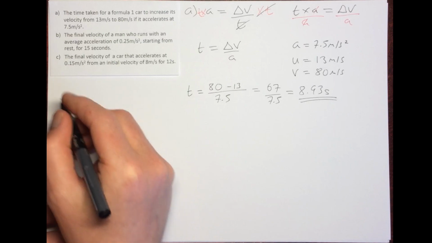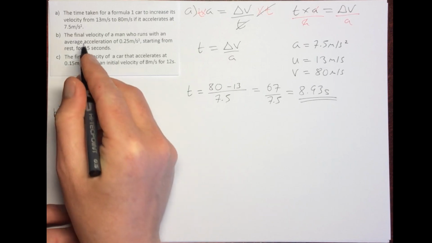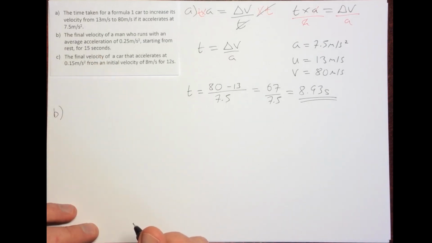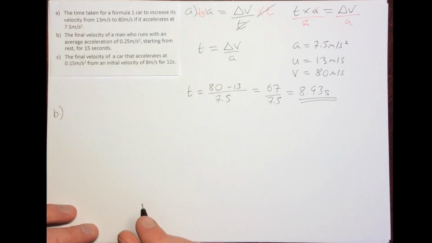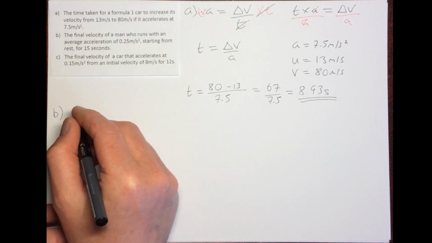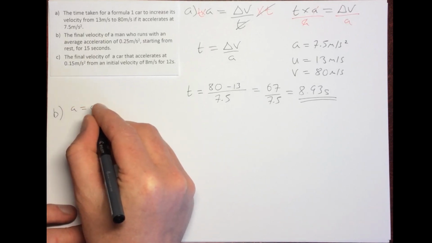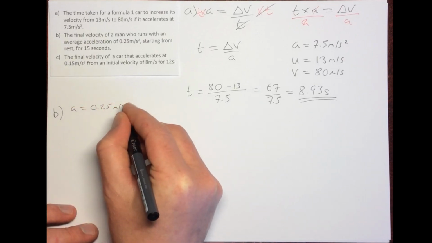Now let's have a look at part B. Part B is asking us to work out the final velocity of a man who runs with an average acceleration of 0.25 meters per second squared for 15 seconds. So let's start off this time by writing down what we've got. We've got that a is 0.25 meters per second squared.